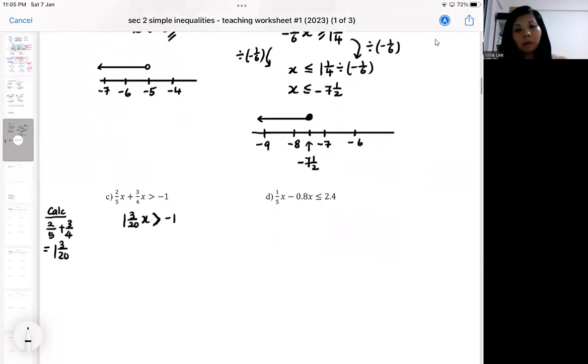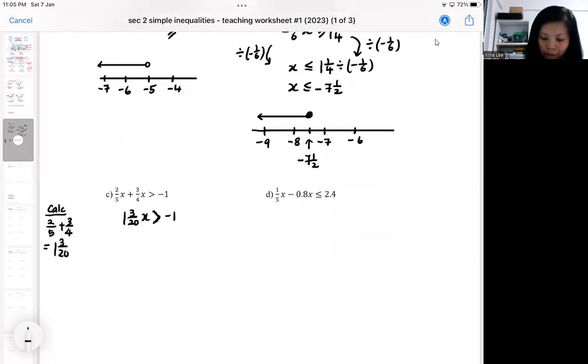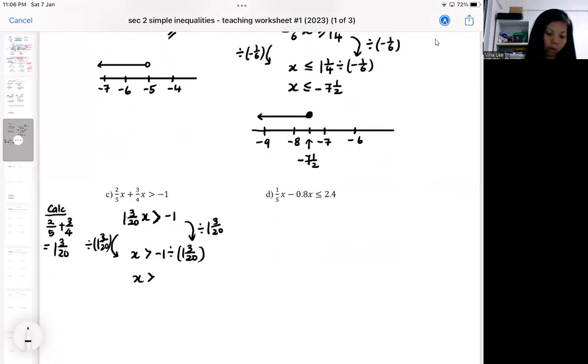Bearing in mind your focus, we wanted 1x, so I have to divide by the fraction. The fraction is a positive number, so you shouldn't need to change the sign. You will get -20 over 23.